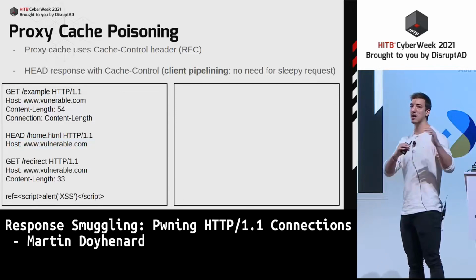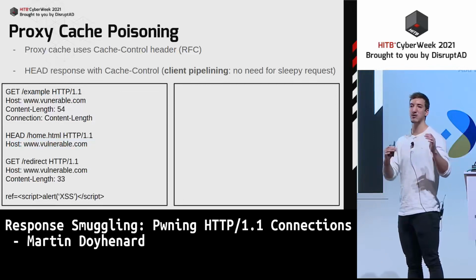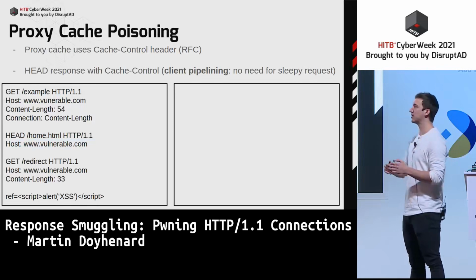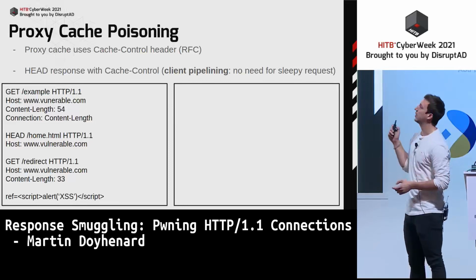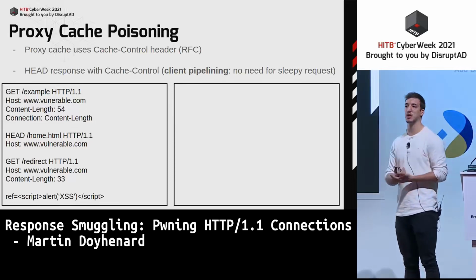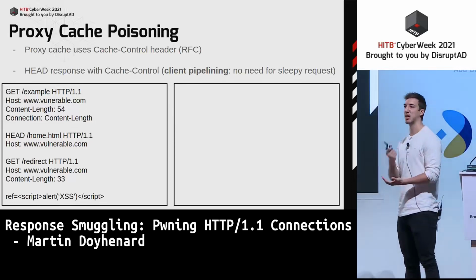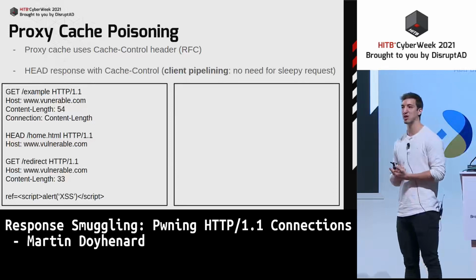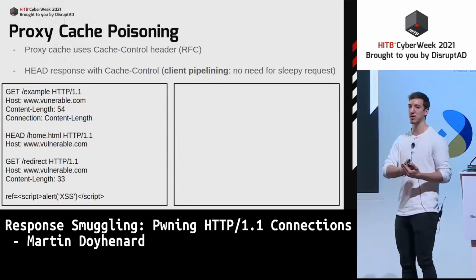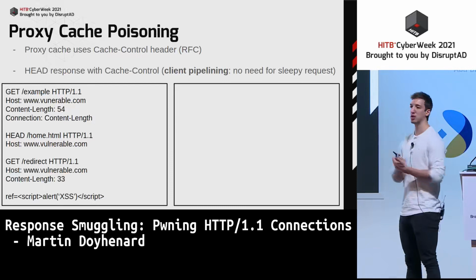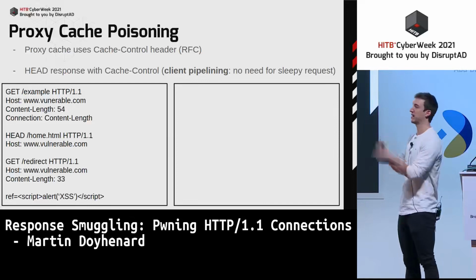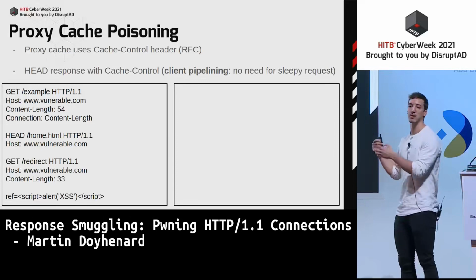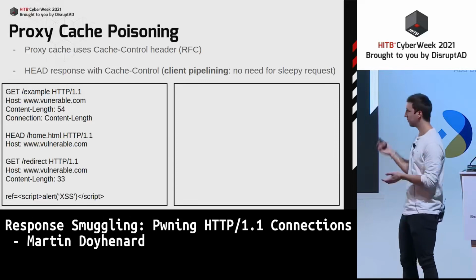I can choose any response or any header's response, and then I can set any body I want with other responses. So instead of looking for a response that contains a content length and a content type HTML, I will also look for a response that contains a Cache-Control header. This will cause the proxy to believe that the response should be stored in the cache for the last request that was issued by the proxy.